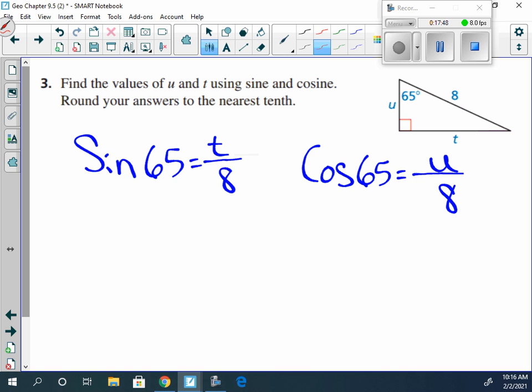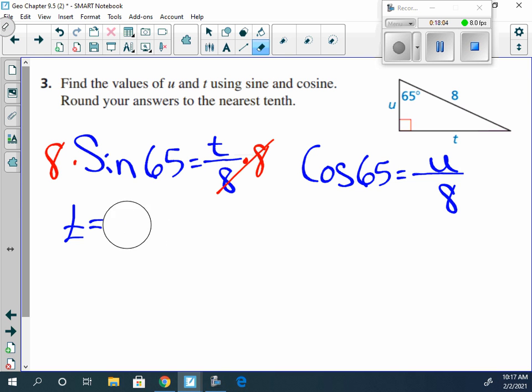Now for sine, what do I need to do to solve this? I need to multiply both sides by 8. Because our 8 and 8 would simplify, leaving us with p is equal to 8 sine. Actually, let's do it that way. Sine of 65 times 8.